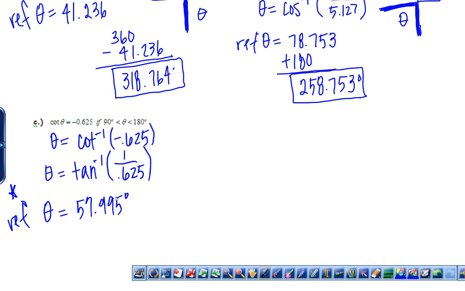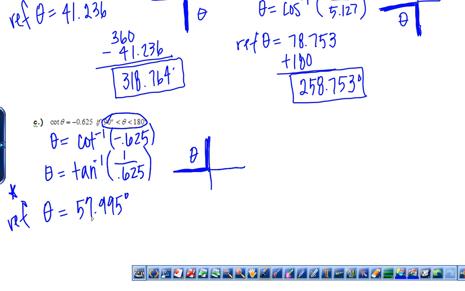It's a reference angle. This right here tells me I want it to be between 90 and 180. Again, we never use 90. Don't even think about using 90. So here is my reference angle. How can I get it to fall between 90 and 180 without using 90?